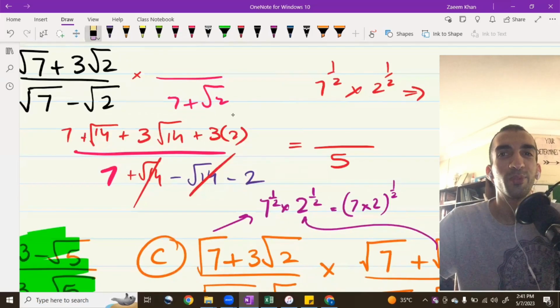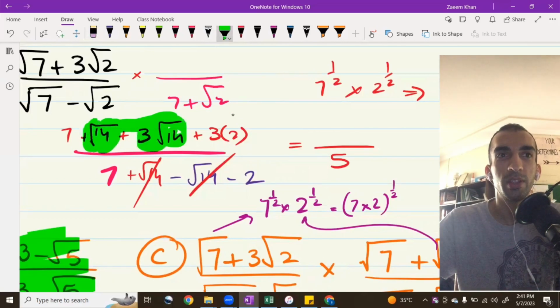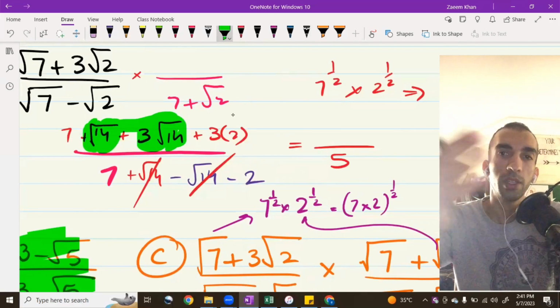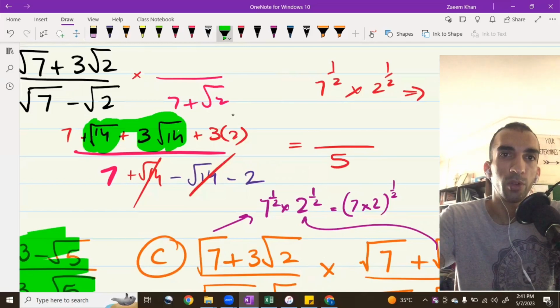Wait. We're supposed to combine like terms, right? So, which is the term similar to this term? 3 square root of 14. If I add 1 square root of 14 to 3 square roots of 14, how many square roots of 14 do we have now?